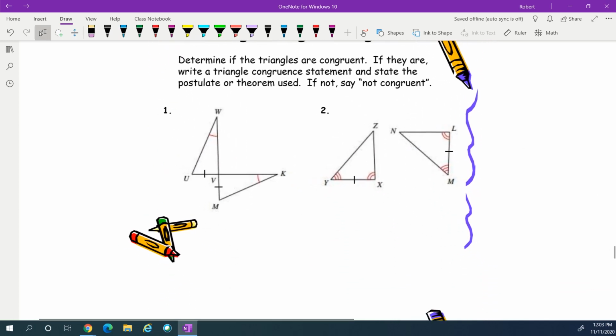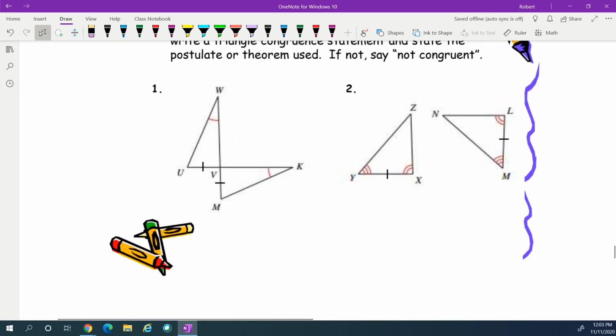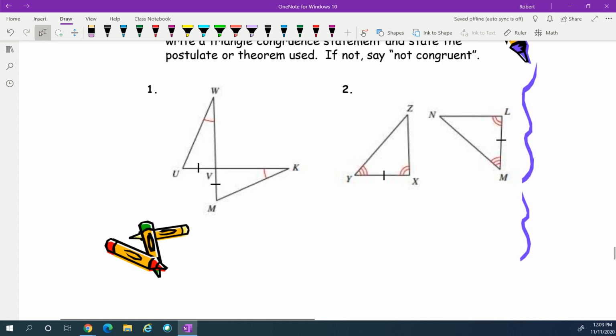All right, so let's do a few on our own. Let's see what we have to start with. We have a pair of angles. So we have angle and angle. We have a pair of sides.